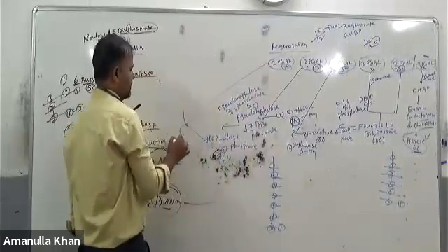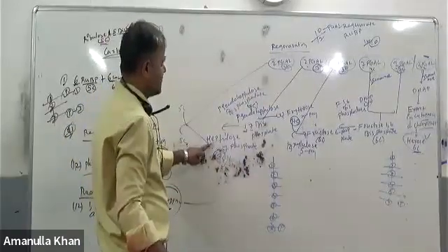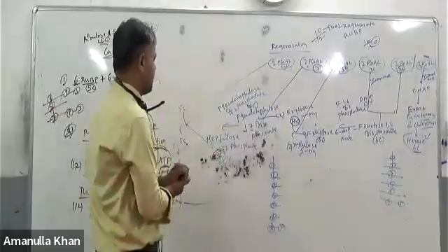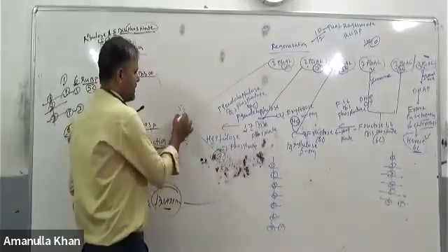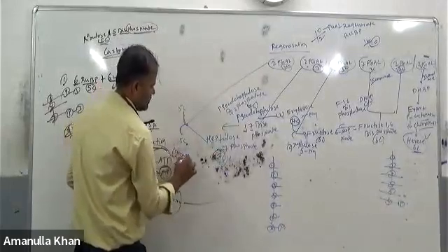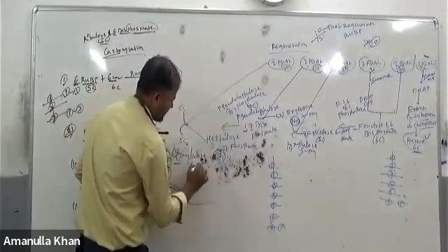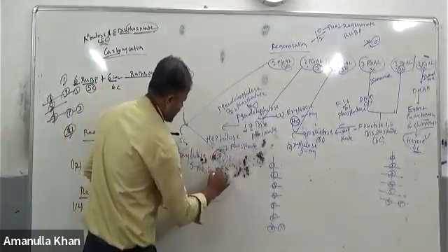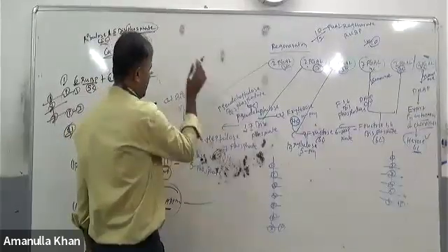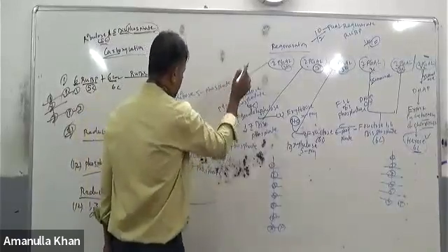Immediately it cleaves into a 5 carbon and a 5 carbon compound: 2 molecules of xylulose 5-phosphate and 2 molecules of ribose 5-phosphate.